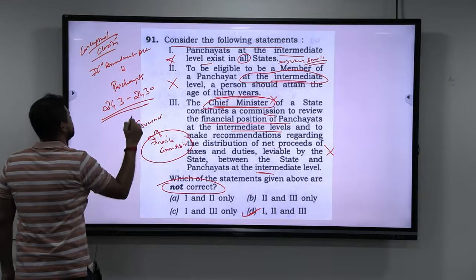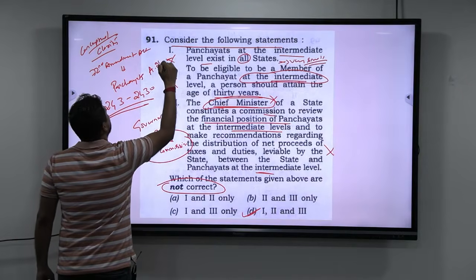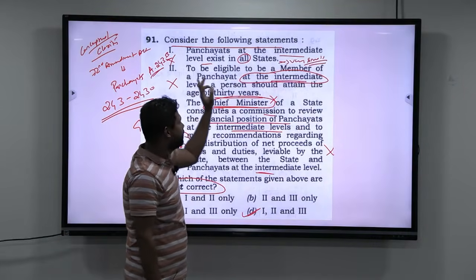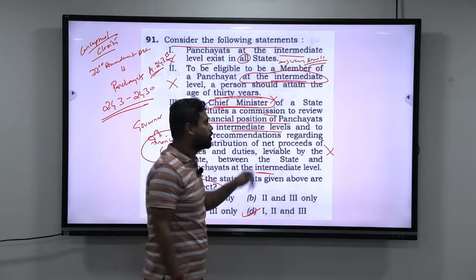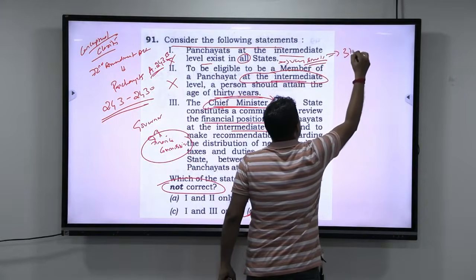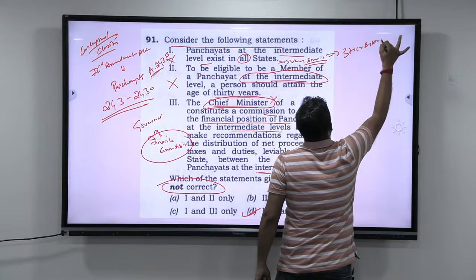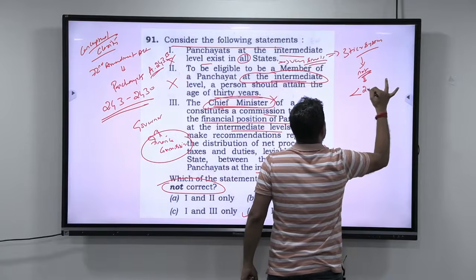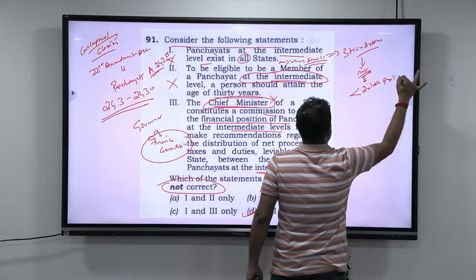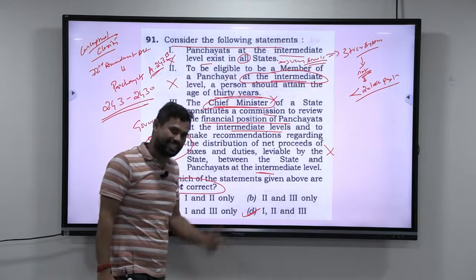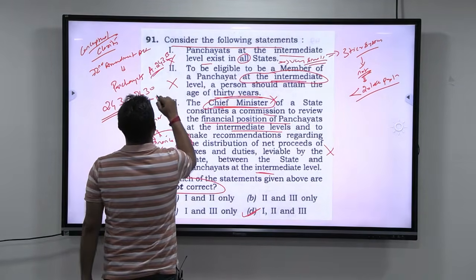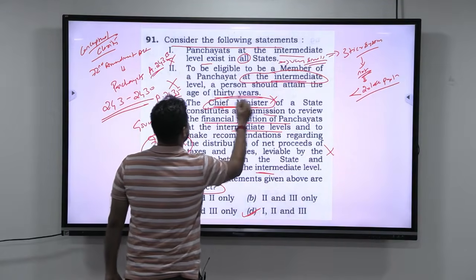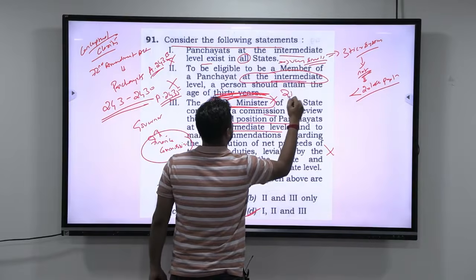In Article 243B, they say that panchayats should have a three-tier system, but not in those states where it is not compulsory, states which have less than 20 lakh population. So less than 20 lakh population, it is not compulsory. Example is Sikkim only. Next, Article 243F says that to be eligible to be a member of the panchayat, you need not be 30 years, you can be only 21 years.